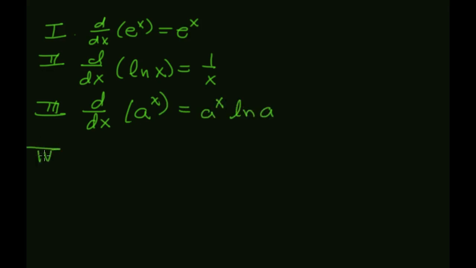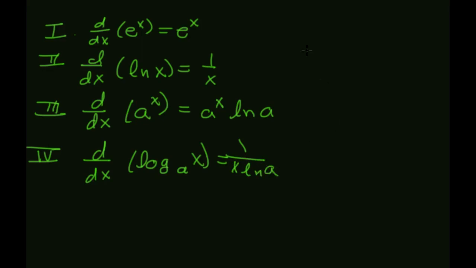And finally, number 4, the derivative with respect to x of the log base a of x. So let's figure out what that one's going to be. That is very similar. It's just 1 over x times the natural log of a.